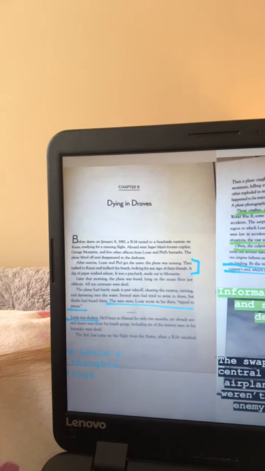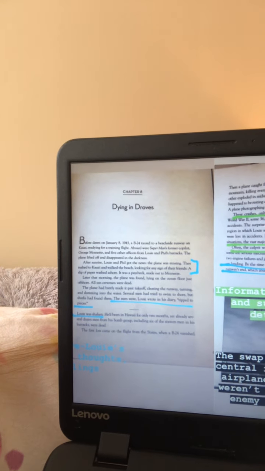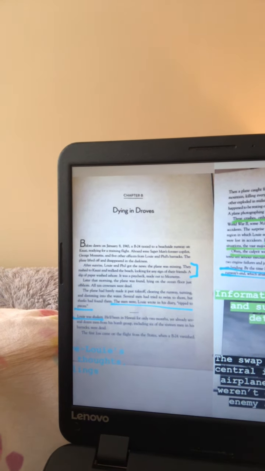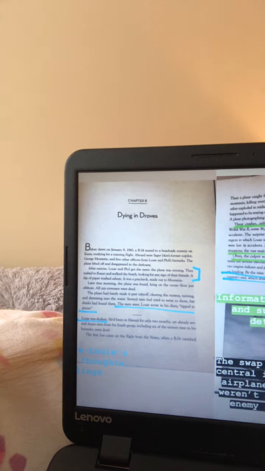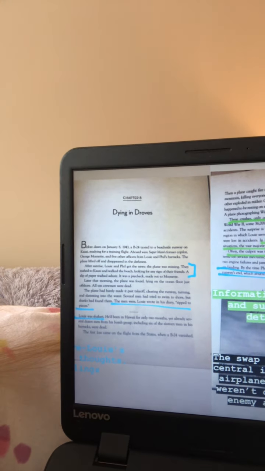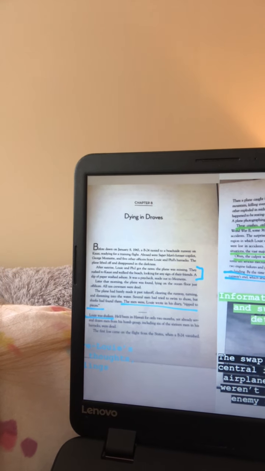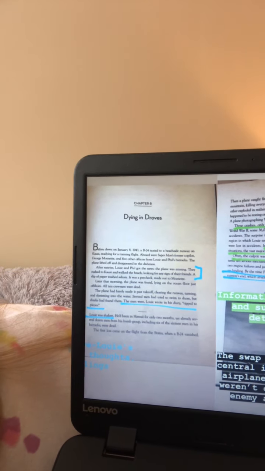After sunrise, Louie and Phil got the news the plane was missing. They rushed to Kauai and walked the beach looking for any sign of their friends. A slip of paper washed ashore. It was a paycheck made out to Mosnetti. Later that morning, the plane was found lying on the ocean floor just offshore, and all 10 crewmen were dead.